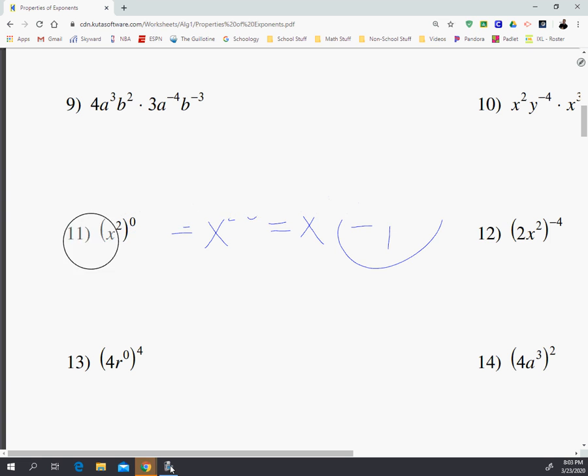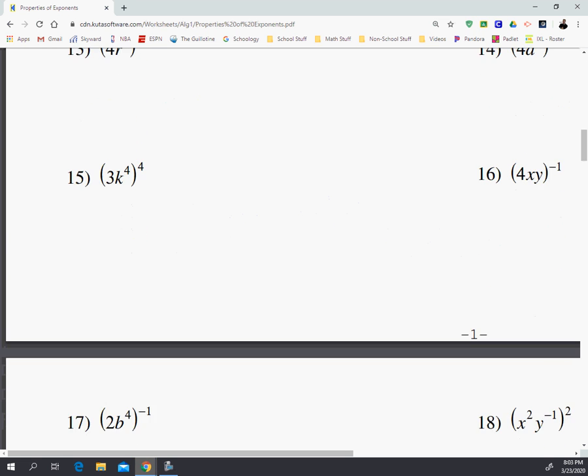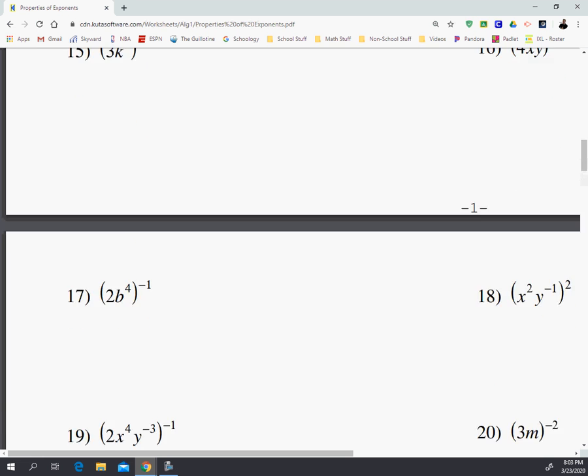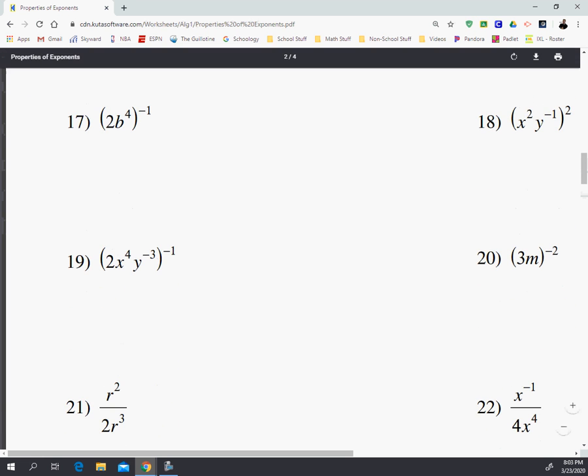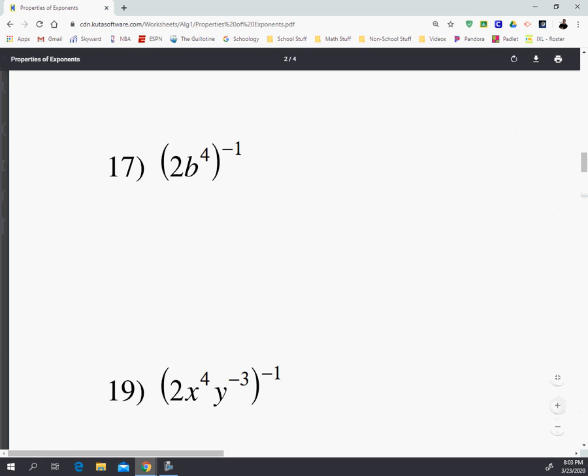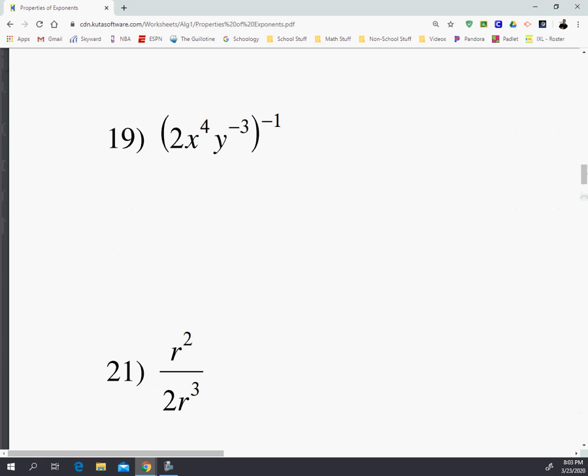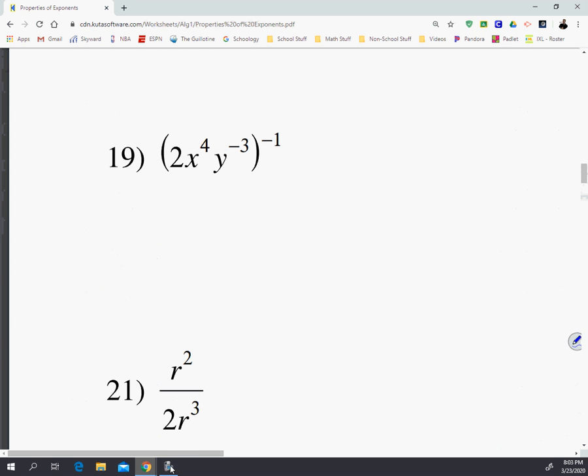All right, let's do something even more difficult. We're going to make this trickier. We're going to do number 19. Number 19, we're going to apply that negative 1 to all 3 things. So really what it's going to look like is 2 to the negative 1, x to the 4 times negative 1, and y to the negative 3 times negative 1 gives me positive 3.